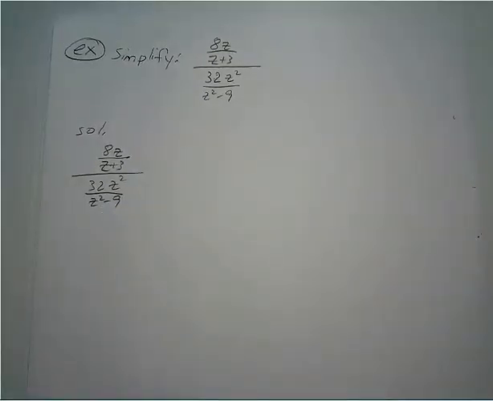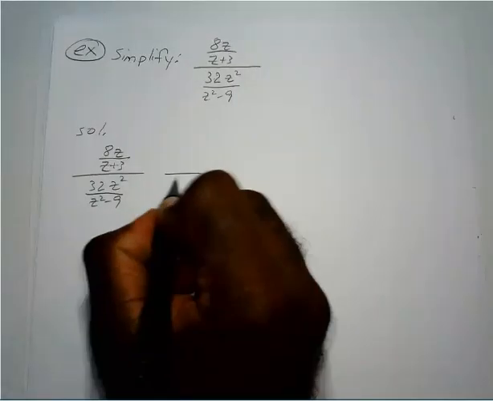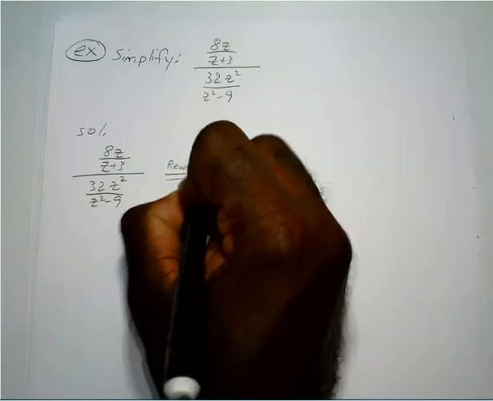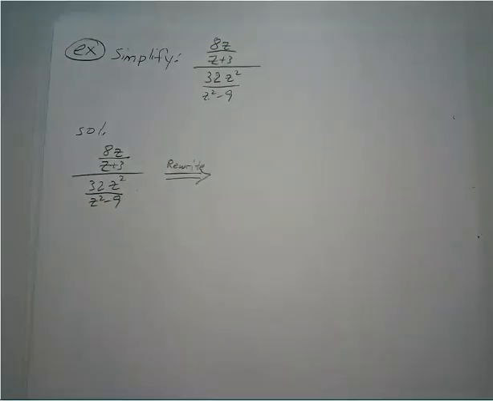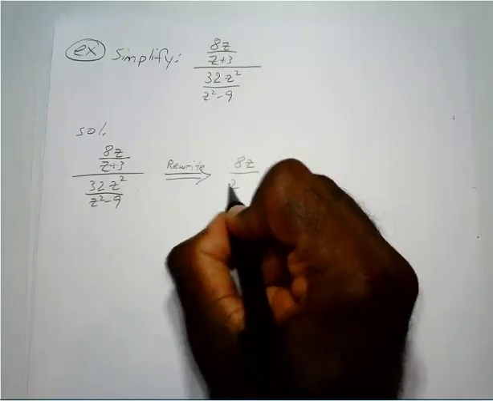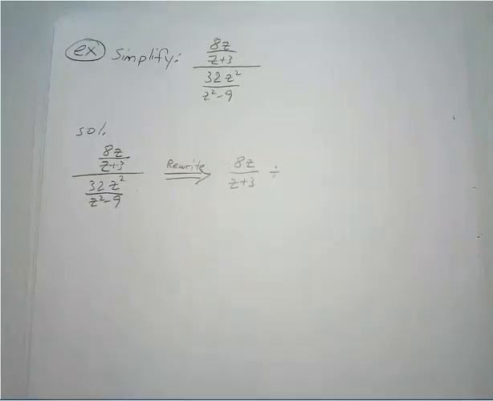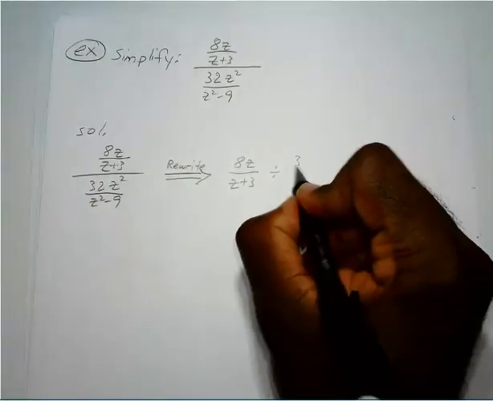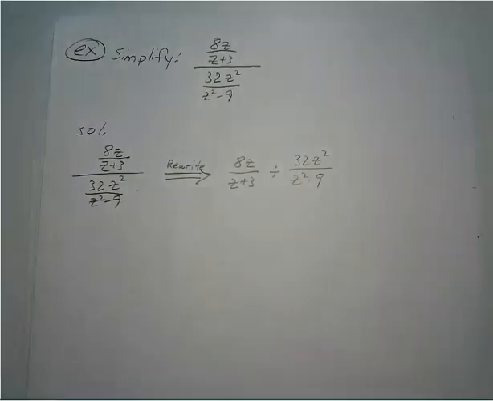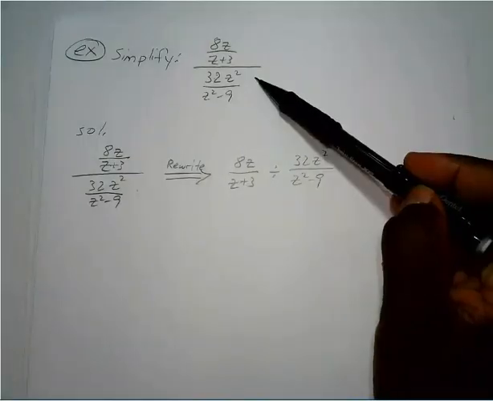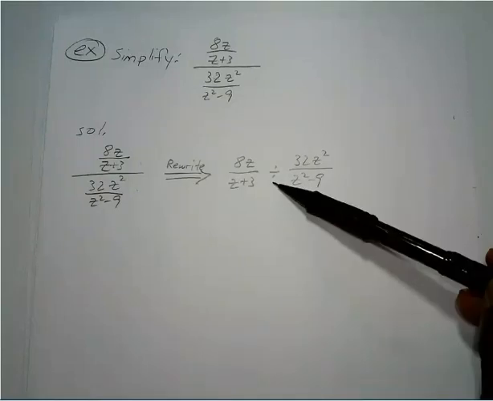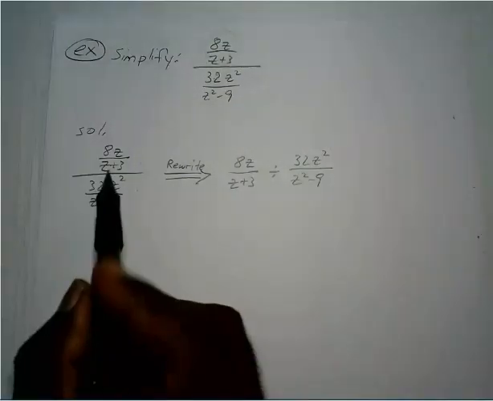So what you're going to do now is rewrite this as a more familiar division problem: 8z over z plus 3 divided by 32z squared over z squared minus 9. If you run across a problem that looks like this, just rewrite it from this type of division problem to this division problem. This is your numerator and this is your denominator.